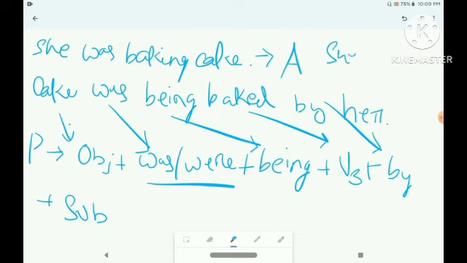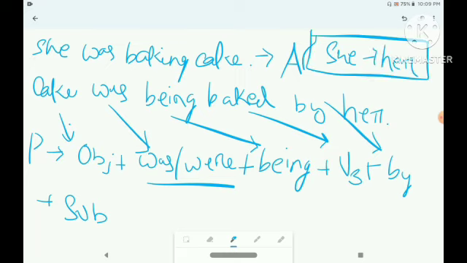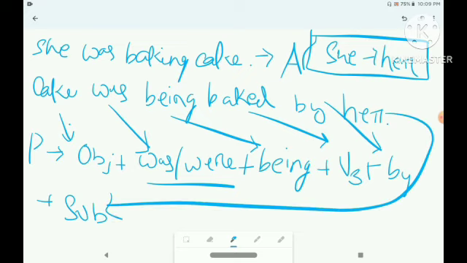She, object form is her. And her is the subject. Yes, now clear? She was baking cake. Now, when we express this sentence in passive voice, we will write it as: cake was being baked by her.